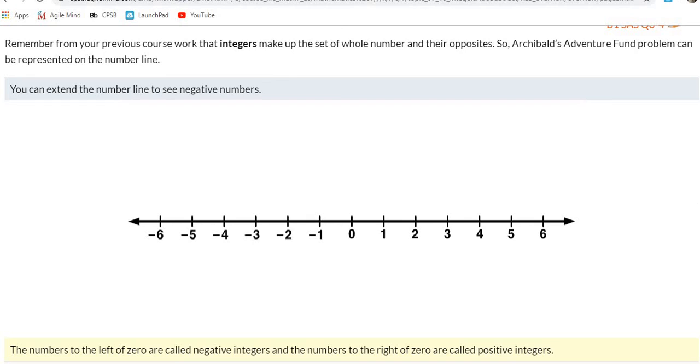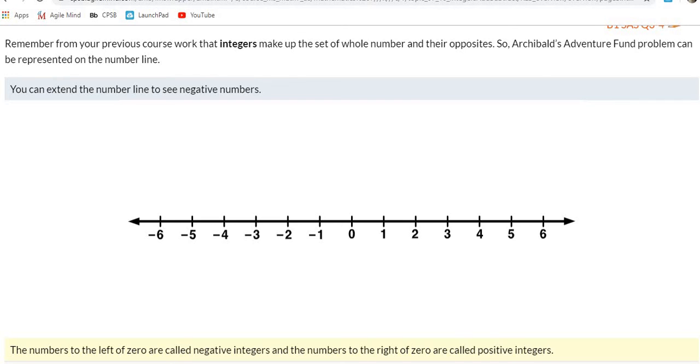These are called integers. Integers are numbers on a number line. Do you ever have decimals, fractions, and percents written on a number line? No. Well, it's understood between 1 and 2 is 1.5. But do I ever write 1.5? No. So integers are your positive whole numbers, 0, and your negative whole numbers.